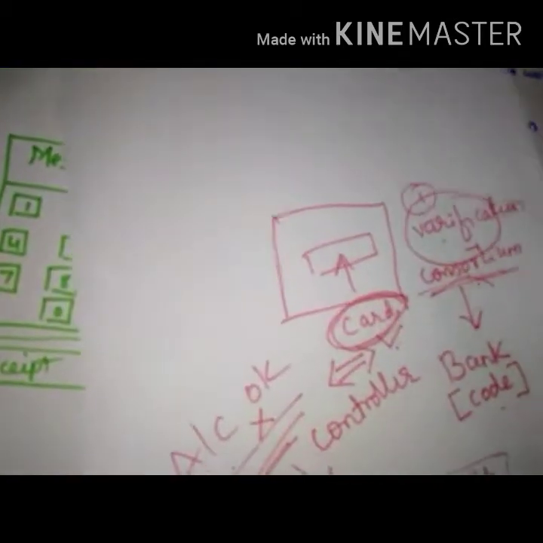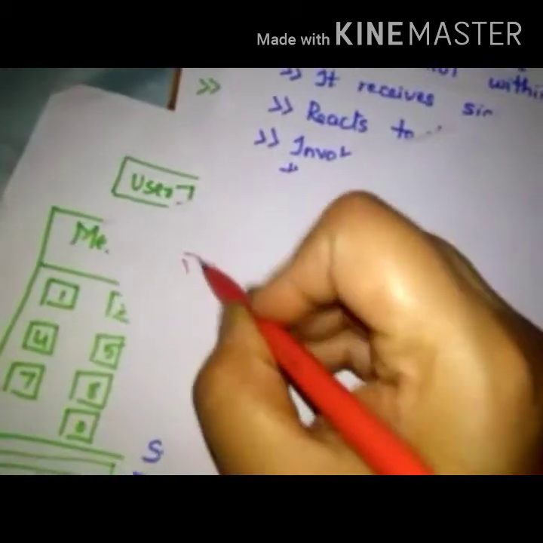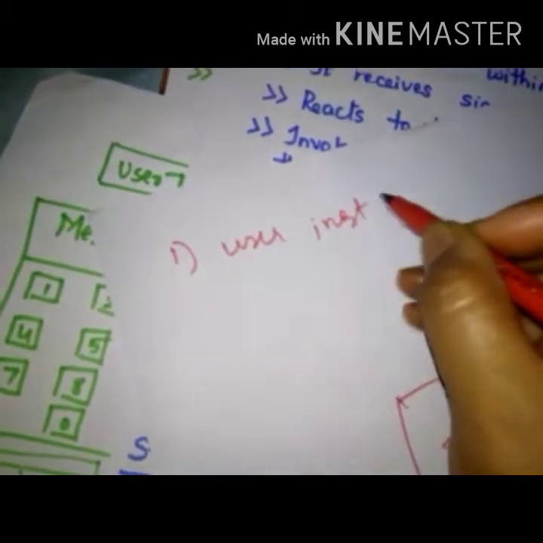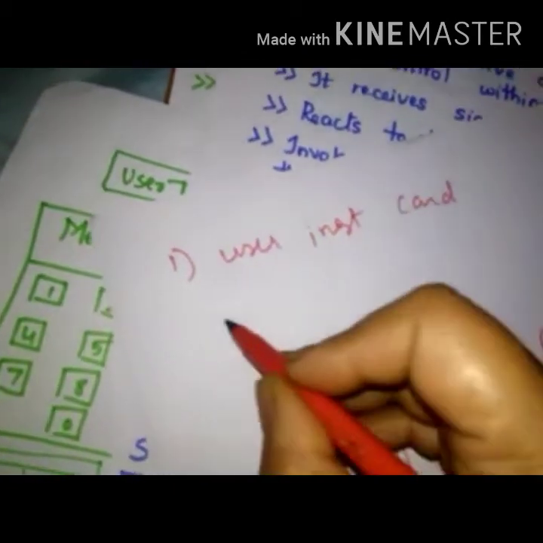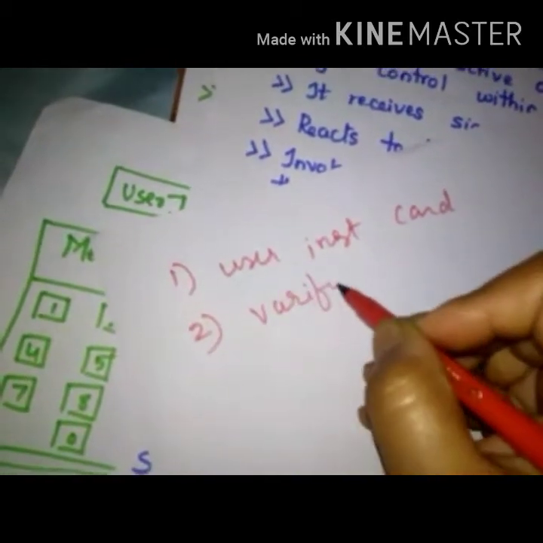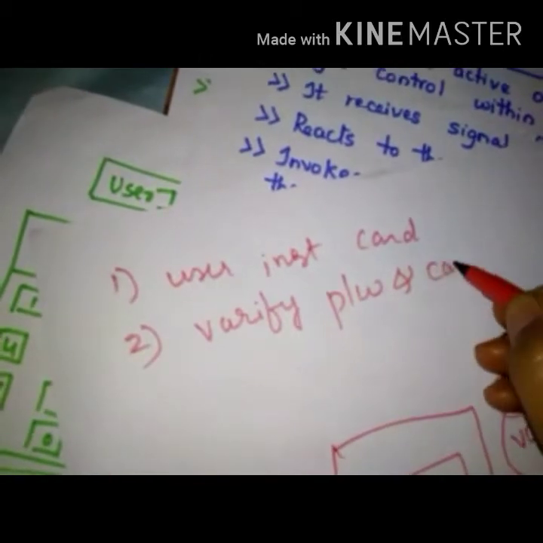if I have explained a sequence, that is for the verification, if I have explained the sequence that the first step is the user will insert a card, and next I say we start verifying his particular password and the card number, right?